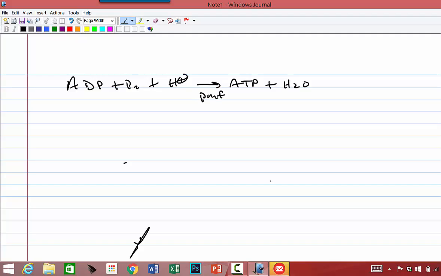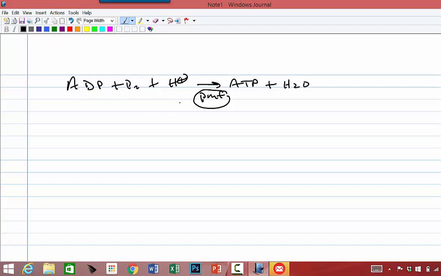It turns out that it was discovered by this guy named Boyer, whom I worked across the hall from, that the driving force for this PMF is not actually in the production of ATP, but in the release of ATP from the enzyme.